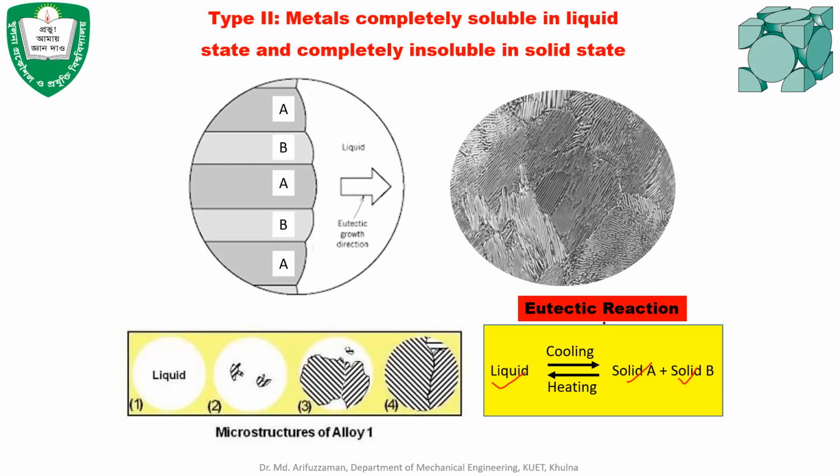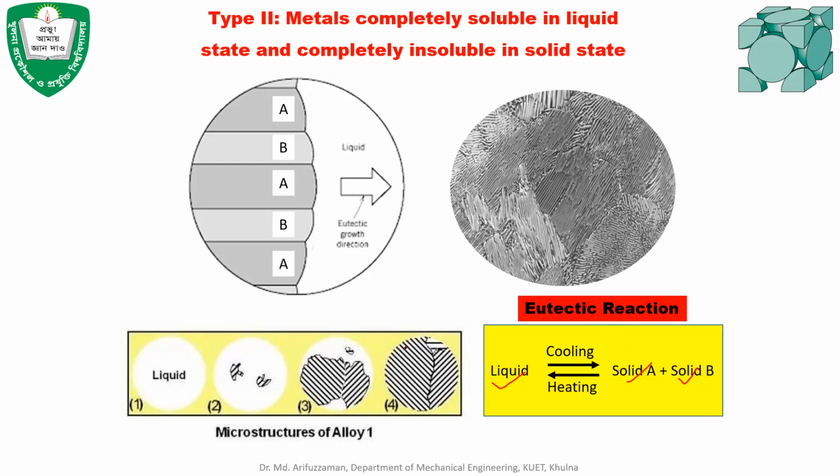And that's what the eutectic reaction actually is, and this reaction takes place at a constant temperature. That means the start of solidification and end of solidification for this reaction is constant. And the condition of occurring this reaction is a certain composition of metal A and metal B. And that composition is called eutectic composition.